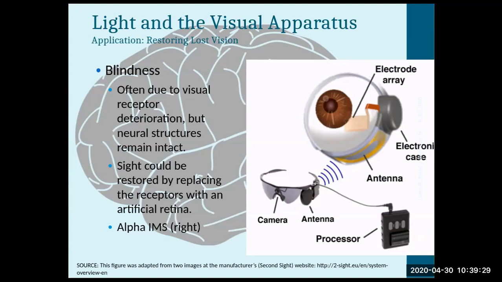So if blindness is due to visual receptor deterioration, so the rods and cones and things like that, but the neural structures that send the signal to the brain remain intact, we just can't transduce the signal, it just doesn't become a neural signal, then we can use these glasses, which give you an artificial retina.